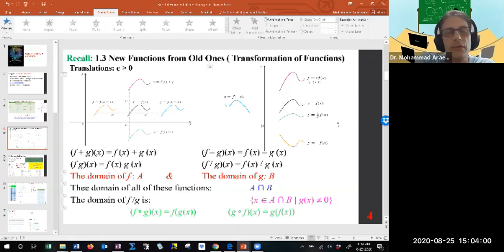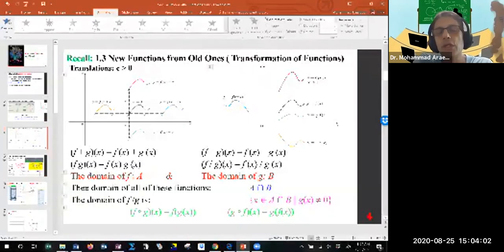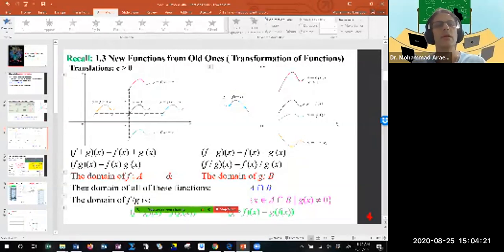In the case of the quotient function, the denominator, remember, can never be zero. For the composite functions, if you're looking at f of g, whatever is in the domain of g that has to be excluded must be excluded from f of g, and then we look at the result of f of g and make further decisions about that.